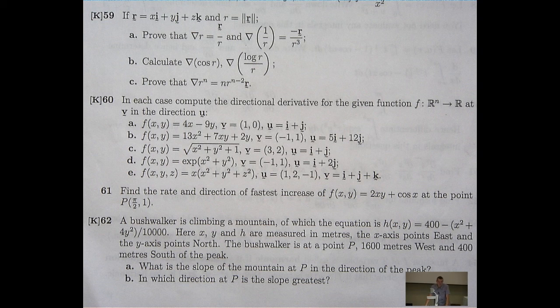The bushwalker is at some point P, so the x-coordinate would be minus 400 and the y-coordinate would be minus 1600. What is the slope of the mountain at the point where the bushwalker is in the direction of the peak? And in which direction at P is the slope the greatest?